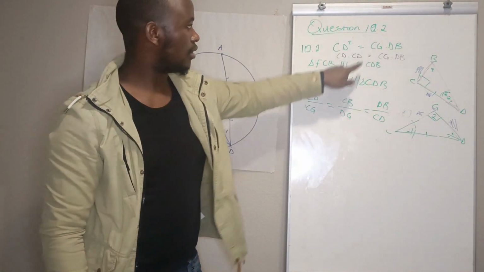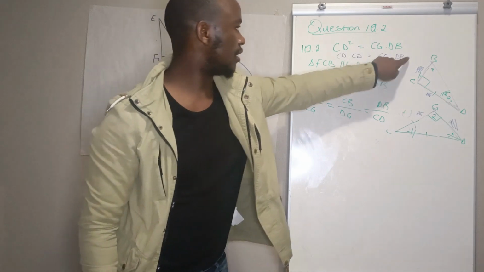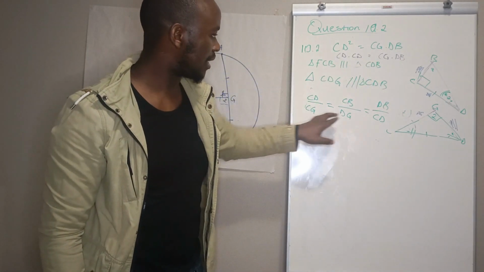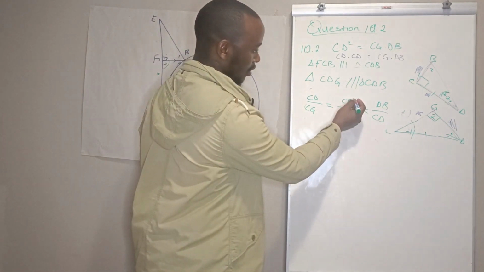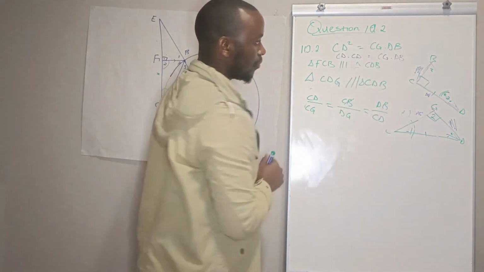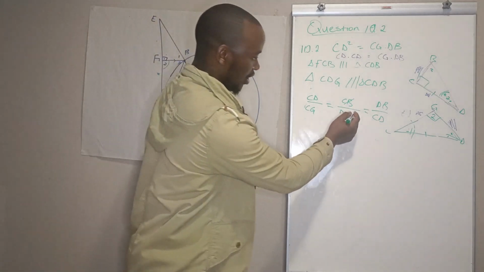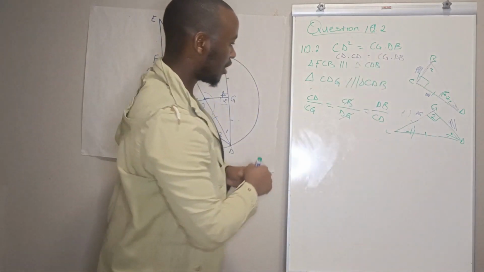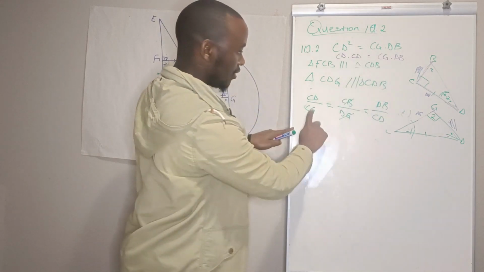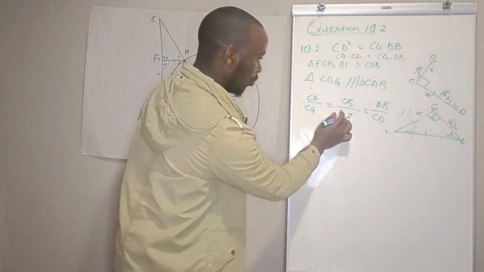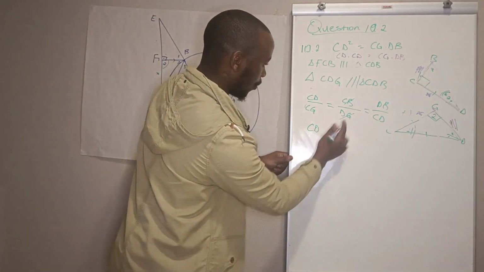Then you ask yourself, in this form that we are supposed to prove, which sides are of interest? We see that CB is not in that equation, DG is not in it. So we're mostly interested in these two lines. CD is there, DB is there, CG is also there. So we eliminate CB and DG.